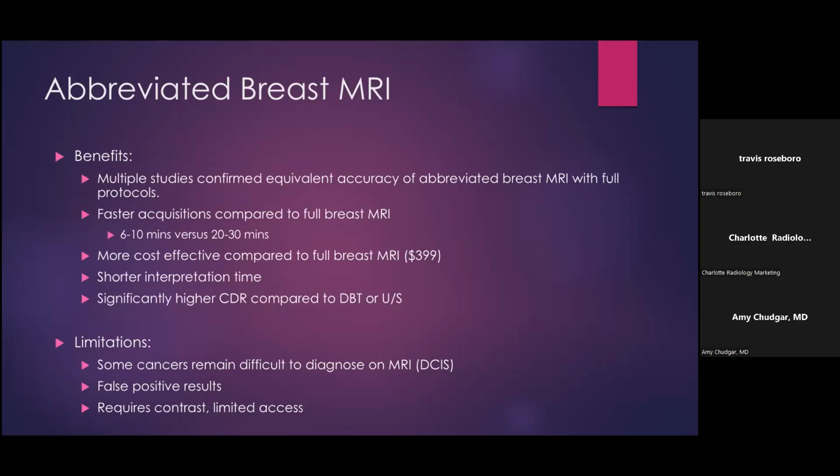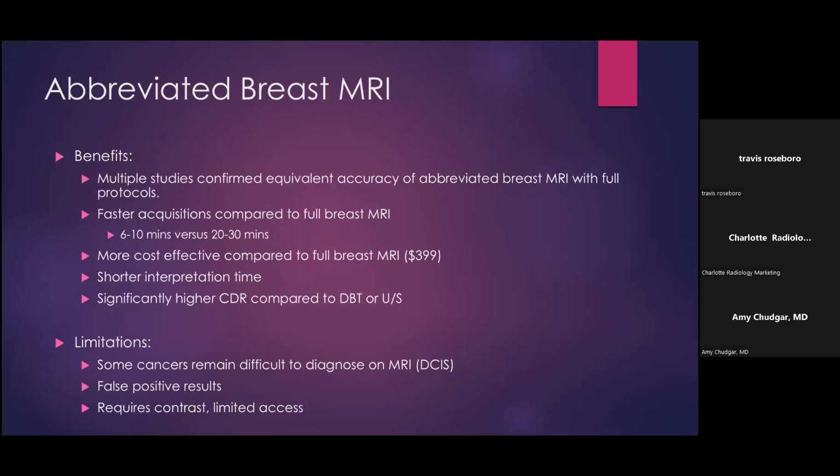It is a lot faster acquisition, so it's about 6 to 10 minutes compared to a full protocol, which takes 20 to 30 minutes. It is more cost effective. So at Charlotte Radiology, the abbreviated MRI costs $399. And just of note, it is not typically covered by insurance, but it is, compared to a full breast MRI, significantly cheaper for most patients.